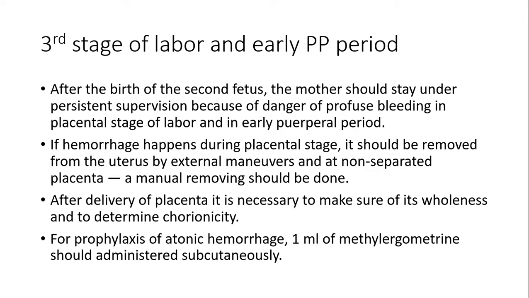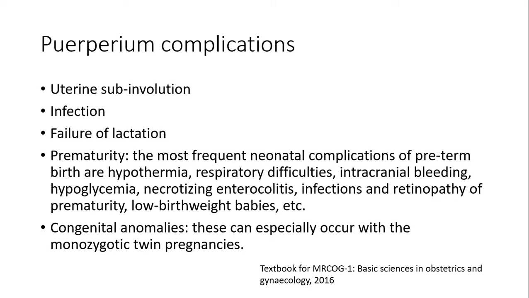And for prophylaxis of hemorrhage, usually methylergometrine is administered subcutaneously at the time of this stage. Uterine subinvolution is more common in such patients. Infection, inflammatory diseases, failure of lactation is very often seen.